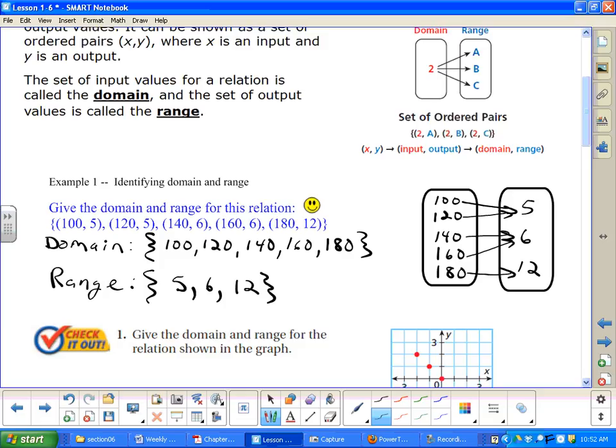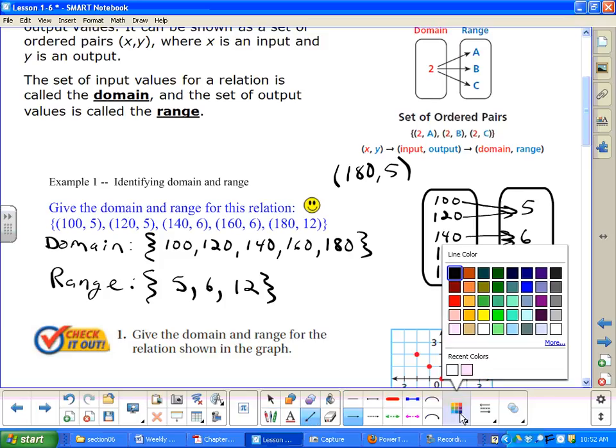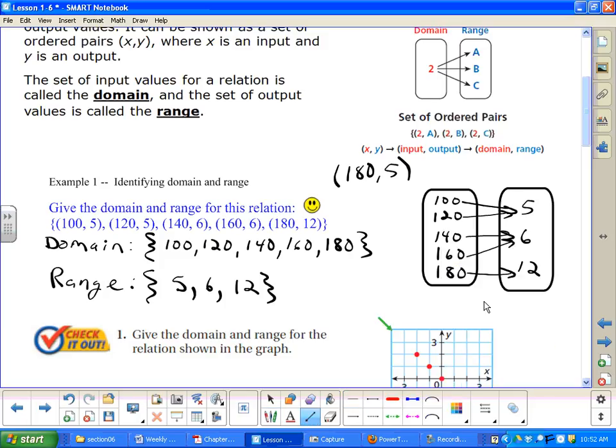So you're saying that if we had the point 180 and 5, that if I ran a line here, that could be confusing, okay? All right. Sometimes when the lines are done on there, they're much better than the ones I do. So usually it's not so bad. Right. But if we did a map like that, then yes, you would need to do that. Okay, you wouldn't list them more than once. Okay.